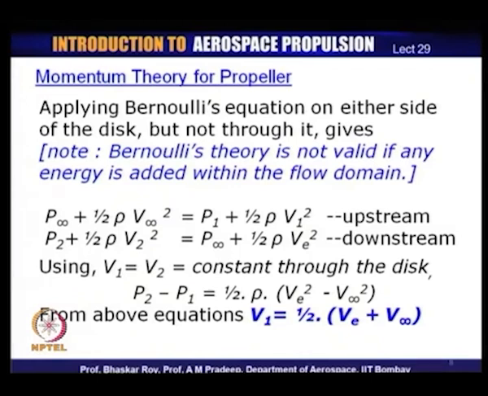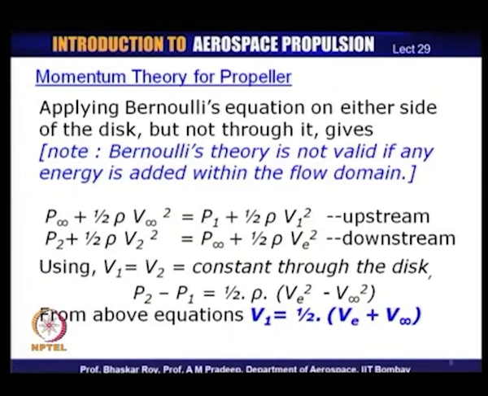So, we have two domains, one upstream domain and one downstream domain. In the upstream domain, you can use Bernoulli's equation to equate the energy of the flow which is coming in at the entry, that is P infinity plus half rho V infinity squared, and that has to be equal to P1 plus half rho V1 squared, that is in front of the disk.